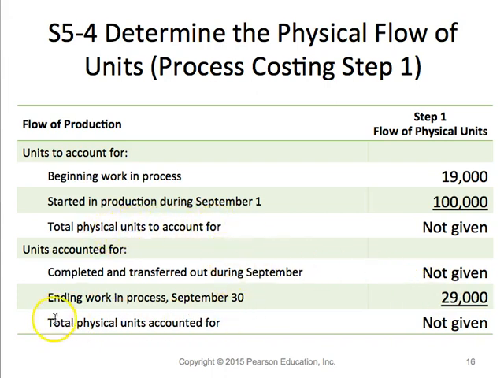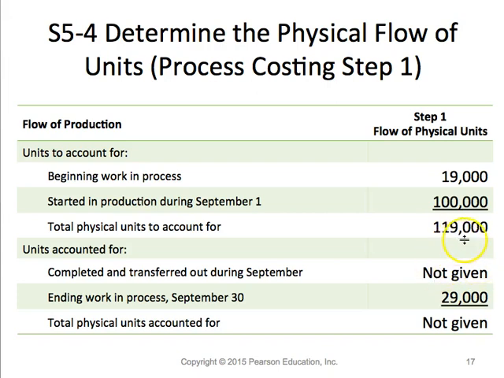equals total units accounted for. So 119,000 will be put in here, and then we use 119,000 minus 29,000. That will be the number we want for the units completed and transferred out during September. It's in our next slide.